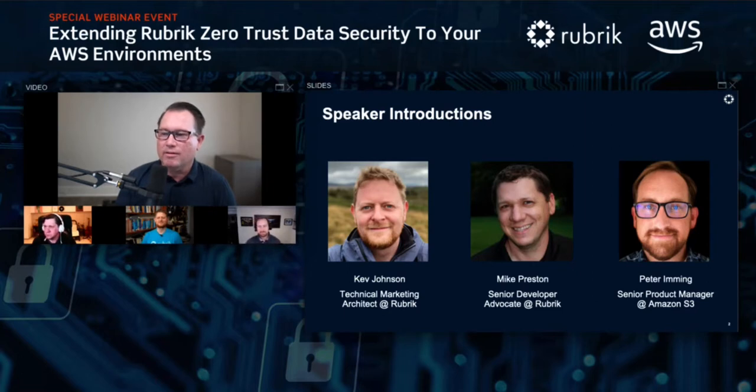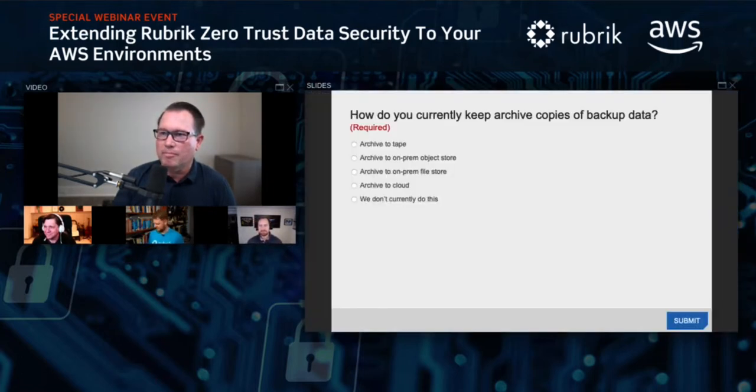Before we get started, we're going to kick it off with a quick poll question. The question for everyone out there in the audience is, how do you currently keep archive copies of your backup data? This is a single select question. Select the option that corresponds to you and your organization. I will share the results in just a moment before I hand it off to our first presenter.